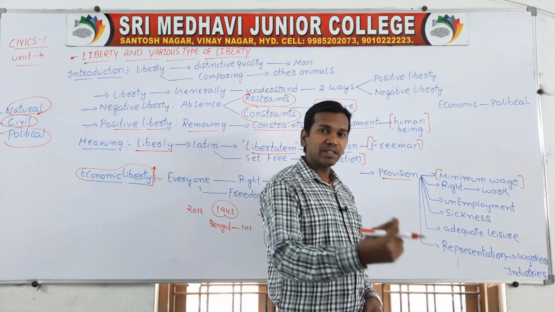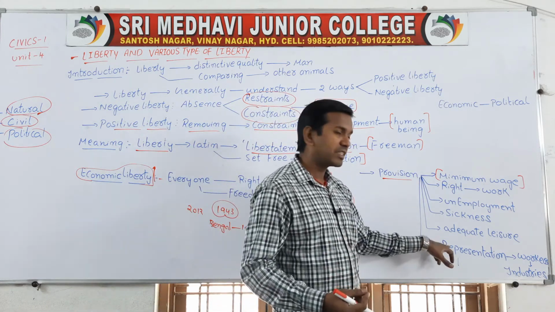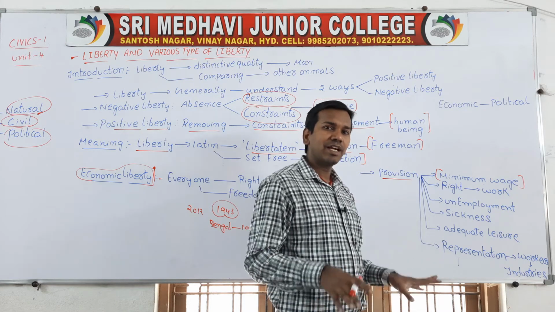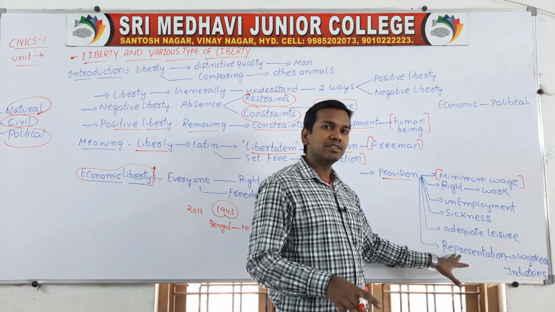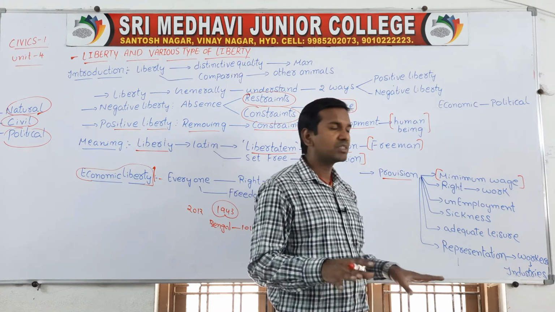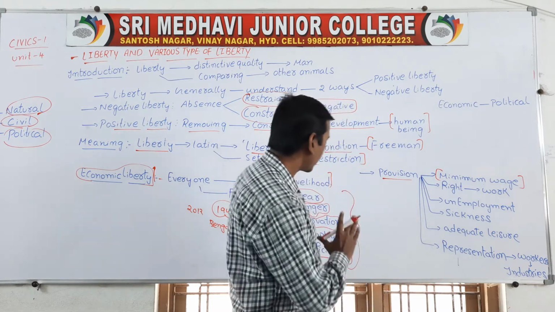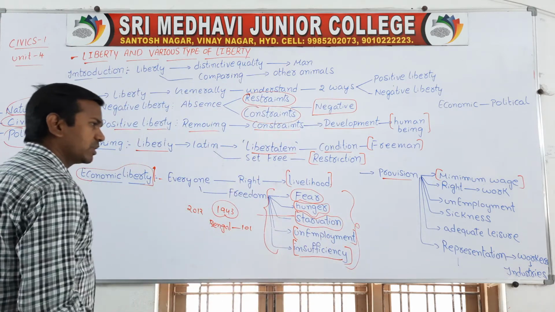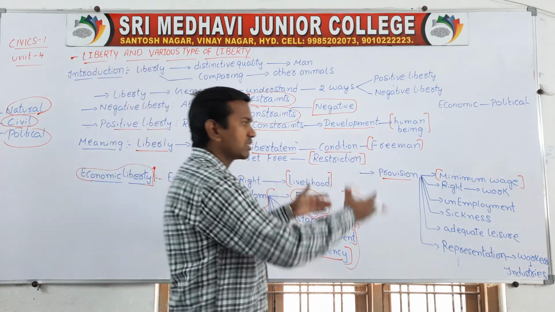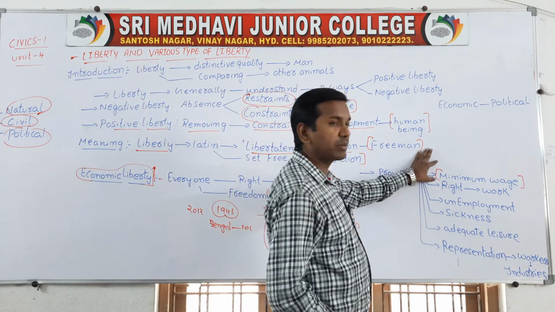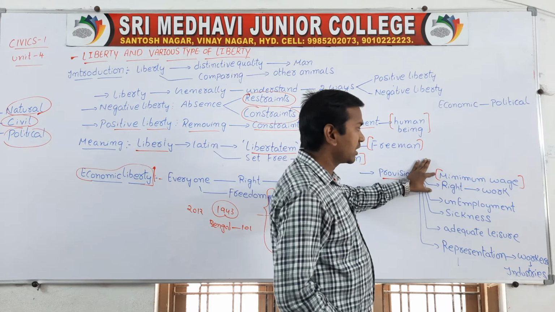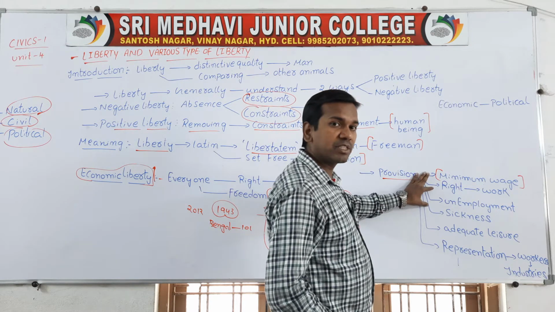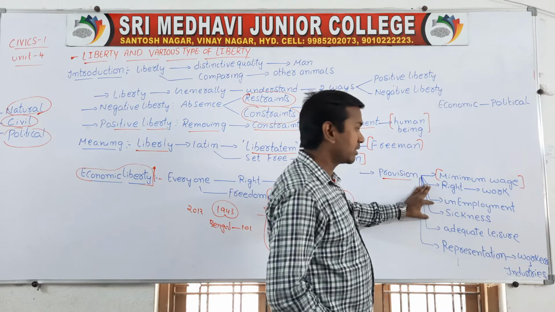If the workers are given leadership, or representation to take part in the decisions, then industries will automatically develop, and the conditions of workers will also improve. So this is the main thing. So children, if you want to achieve economic liberty, first of all, these important obstacles must be abolished, and a few provisions should be enacted, such as: the government should fix minimum wages, the right to work should be applied fruitfully, unemployment must be removed, and sickness coverage must be given.